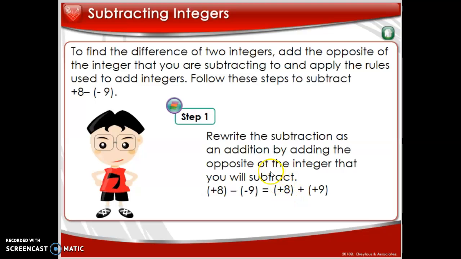Okay, you need to make these changes. Rewrite the subtraction as an addition by adding the opposite of the integer that you will subtract. Okay, and now I have an addition with 2 positive numbers. Let's see the next step.